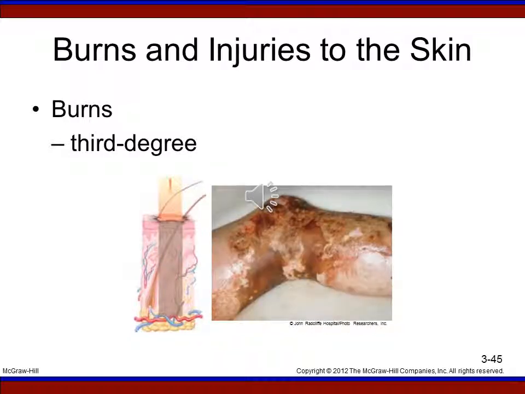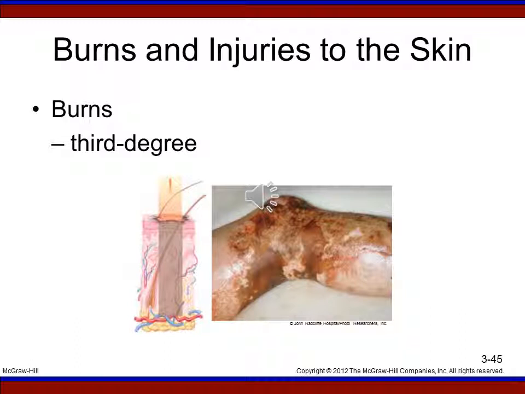Here, if you take a look at figure 3.26c, this is a picture of a third-degree burn. Oh my goodness. Third degree is going down 3 layers: epidermis, dermis, as well as the subcutaneous tissue area. So if first-degree burns are superficial, leaving no scarring, second degree is partial thickness, and here third-degree burns are known as full thickness burns.